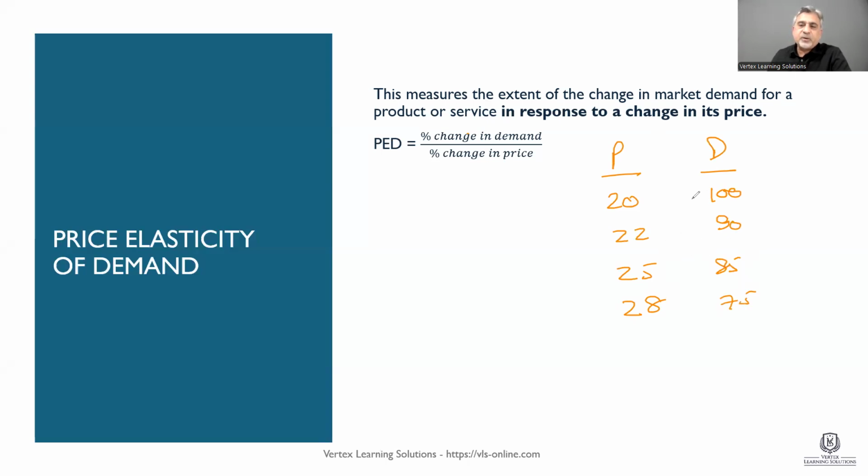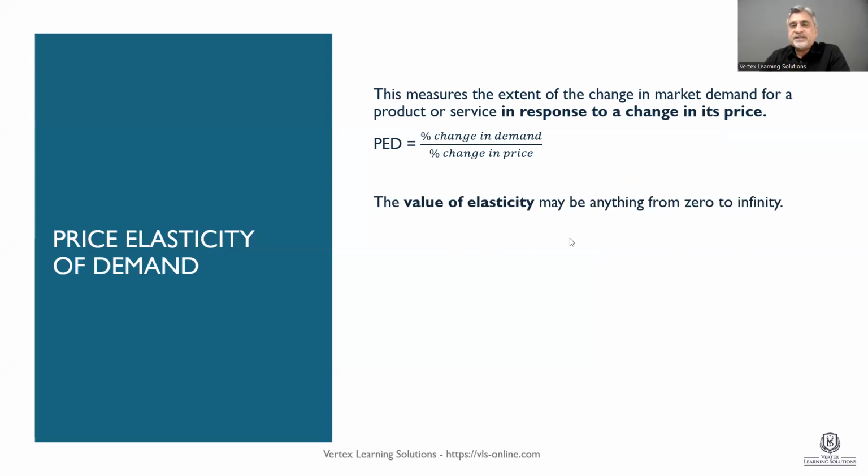Based on this data, I know that they are related. The price is increasing, the demand is decreasing. There is some relationship, and demand is elastic because it is changing, but how much? So percentage change in demand: you will take 2 points, find the percentage, and then divide by the percentage change in price. We will do this while doing questions.